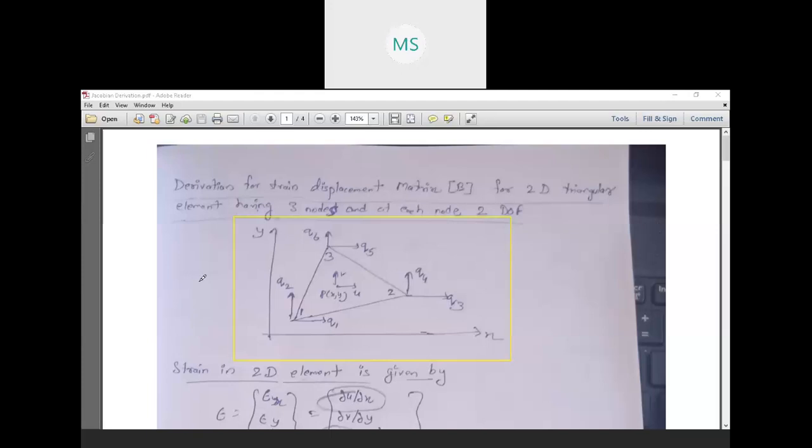If you remember the 2D triangular element shape function and the 2D quad elements, today we are going to do the derivation for the displacement matrix B, which we started seeing from chapter 1.